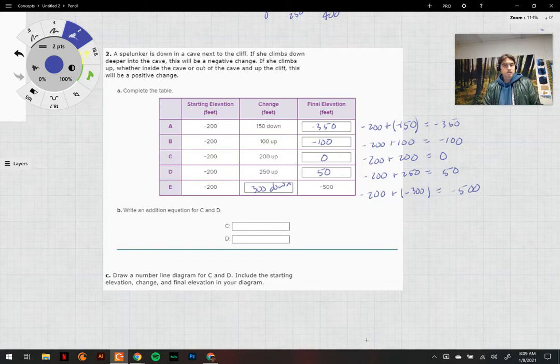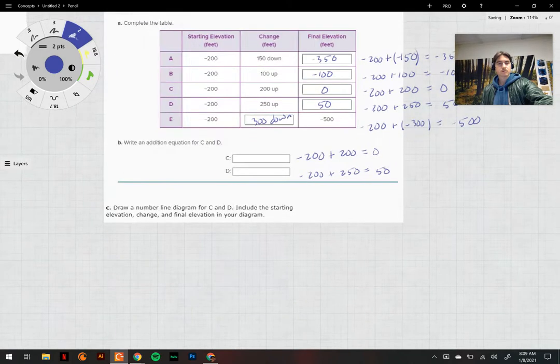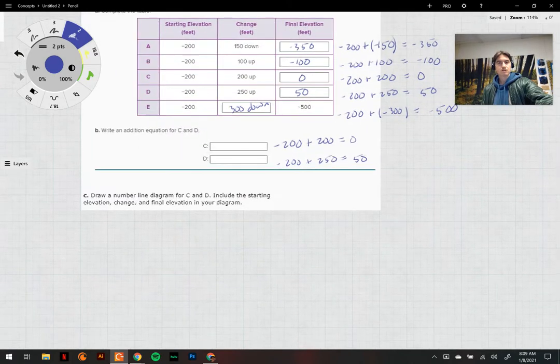Okay, write an equation for C and D. We already did that. So the equation for C is just adding the opposite. So it's negative 200 plus 200 equals 0. And then for D, the magnitude becomes positive. Negative 200 plus 250 equals 50. Now we're just going to draw some number lines to demonstrate those two equations.